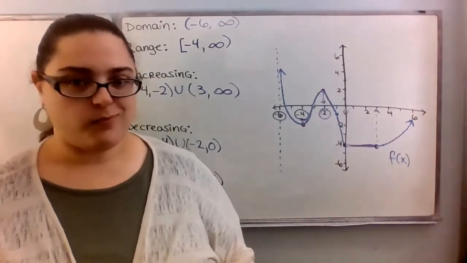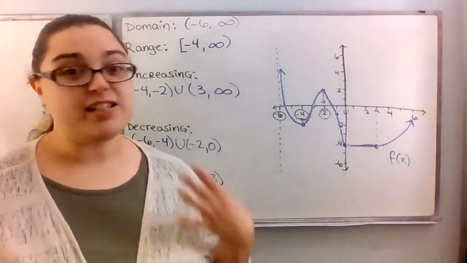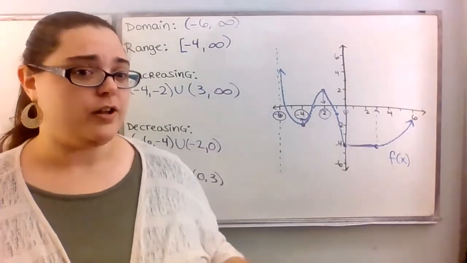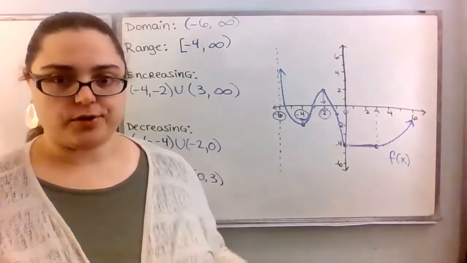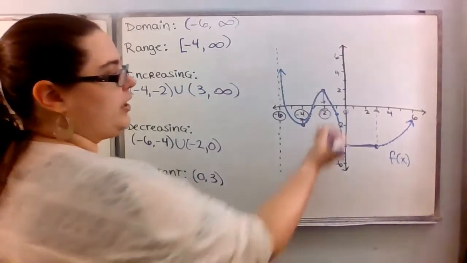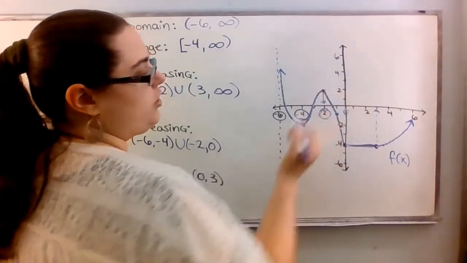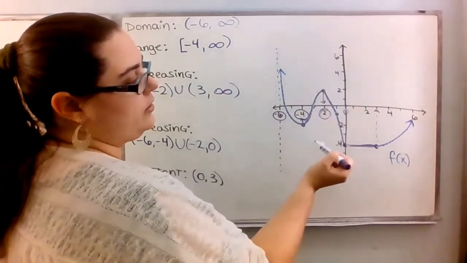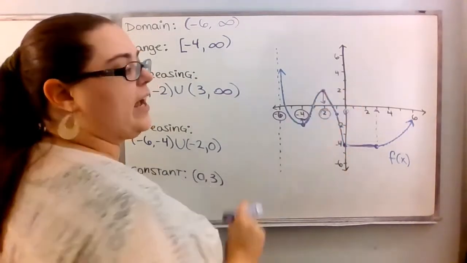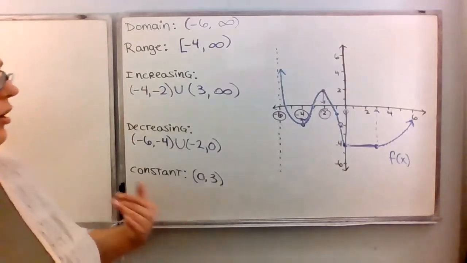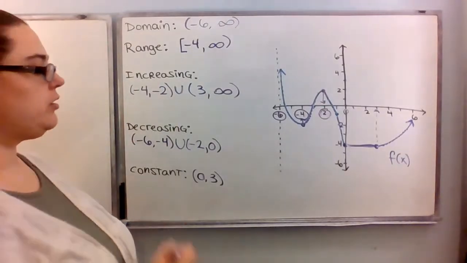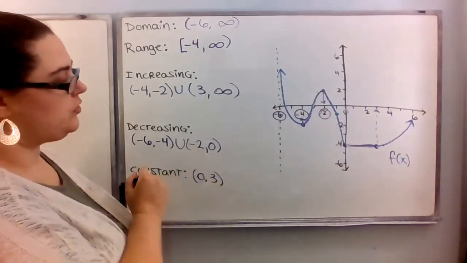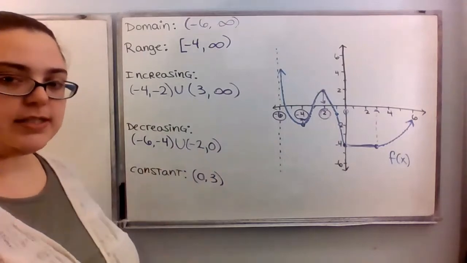The other thing I wanted to mention is, and this is different depending on the textbook that you have, what to do about turning points. So here, for instance, an argument could be made that you were increasing right up until that point, or you were decreasing right after it. So you could make an argument to include a closed bracket at -2 instead of a parenthesis.